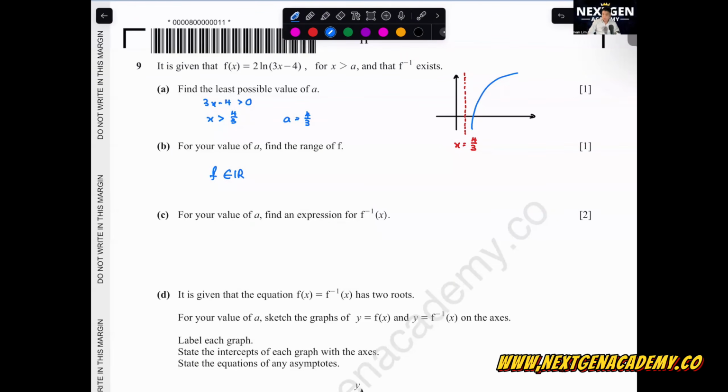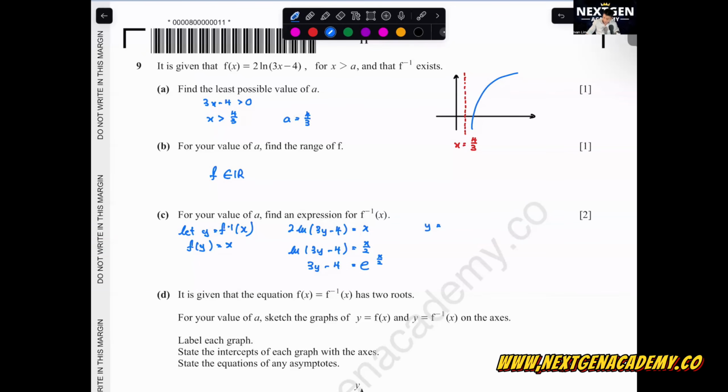Question C, find an expression of the inverse. So we're going to let y equals f inverse x, so f(y) equals x. We can write 2 ln(3y minus 4) equals x, ln(3y minus 4) equals x over 2, 3y minus 4 equals e to the power of x over 2.